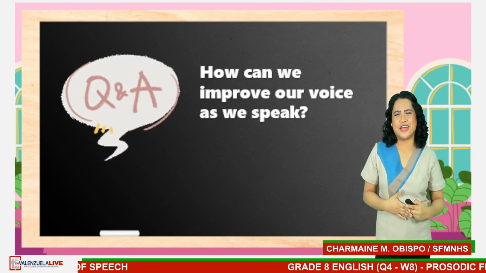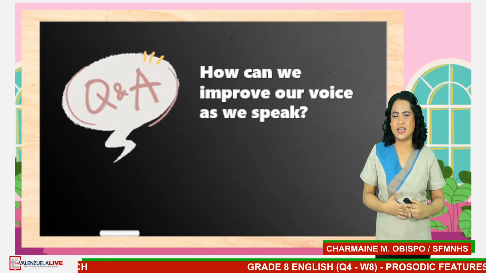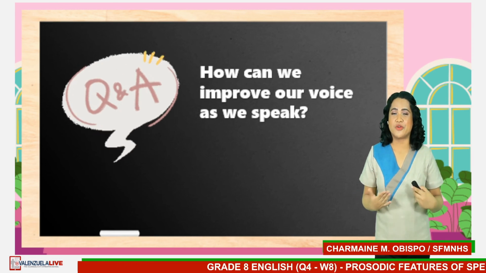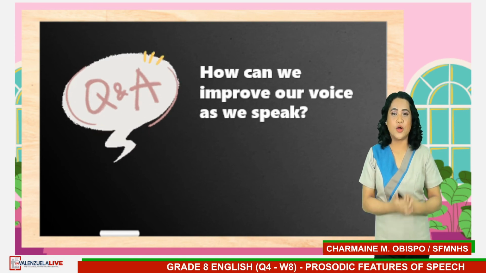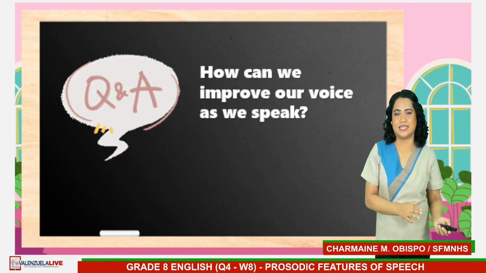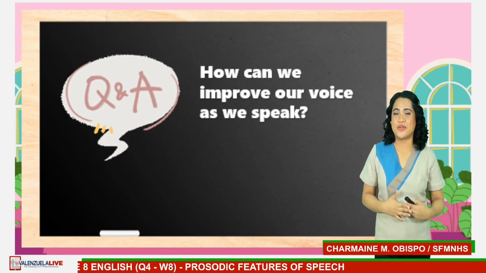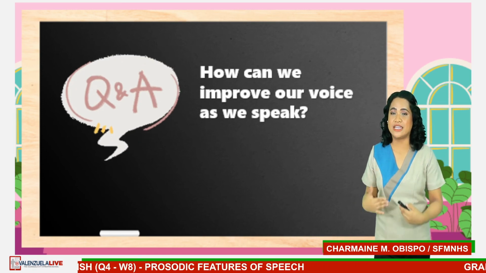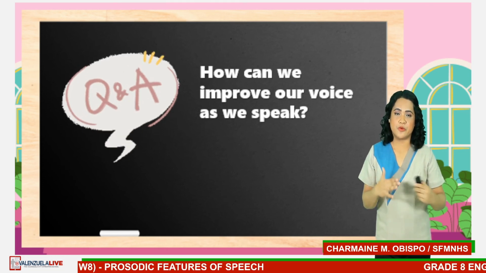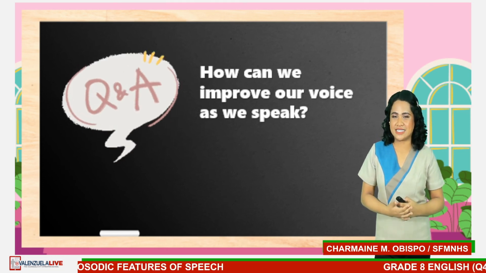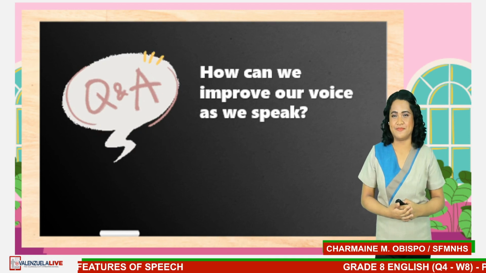Now, a common question on delivering a speech is how we can improve our voice as we speak. It takes a lot of practice to be able to have a clear voice. It takes a lot of practice to achieve correct word and sentence stress, proper breathing, appropriate pacing, and intonation.